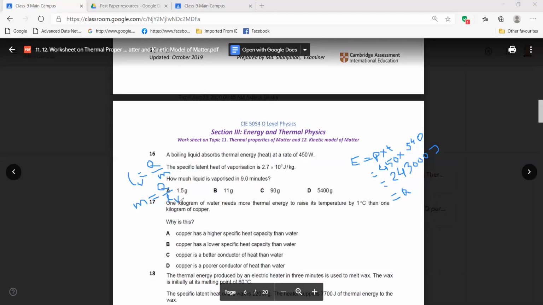You all got 450 multiplied by 540 is 243,000. Then you find the mass now. Your L_V is given as 2.7 multiplied by 10 to the power 6.